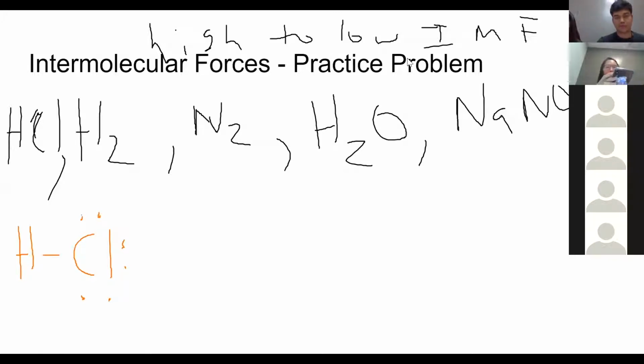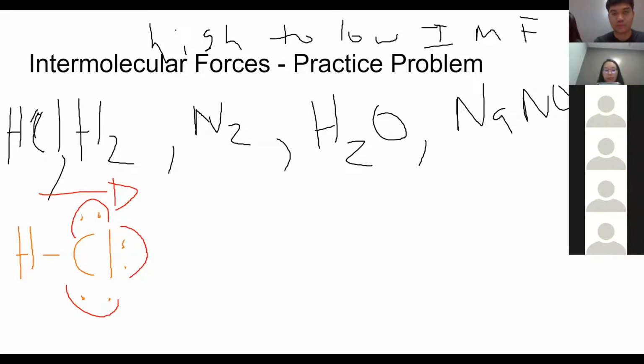Polar, because of the lone pairs that chlorine has. Even though the structure is linear, the lone pairs give it an overall polarity in one direction. This is the reason why HCl is very polar.